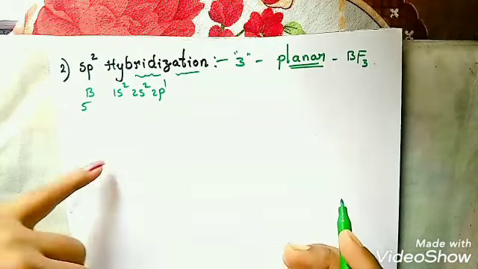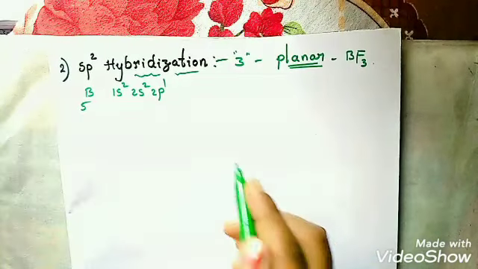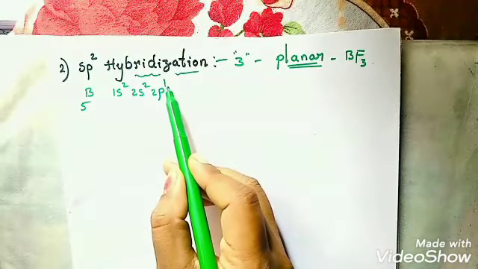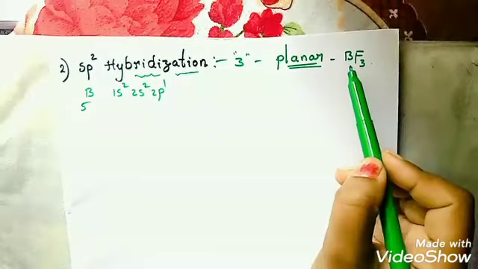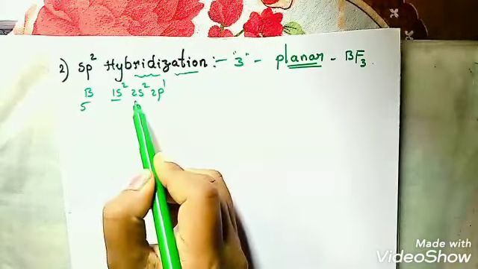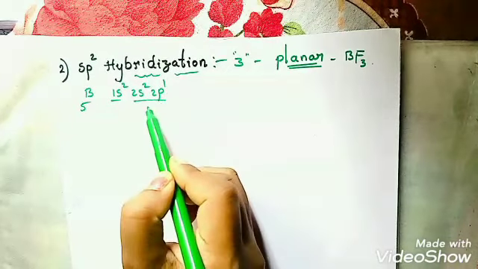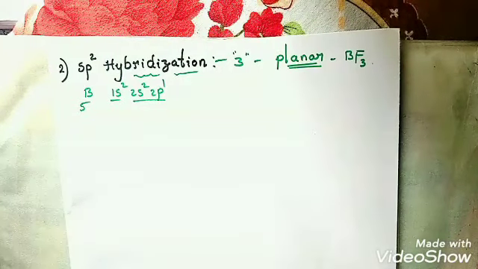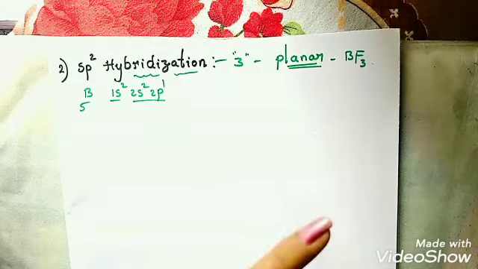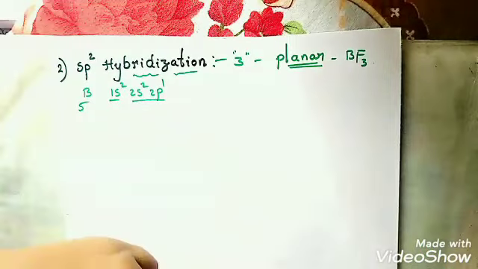So students, here only one single electron is present, so obviously boron, if you see this, 3 is the number of valence electrons. So obviously the boron valency is also 3, so boron needs to form 3 bonds with the other atoms.